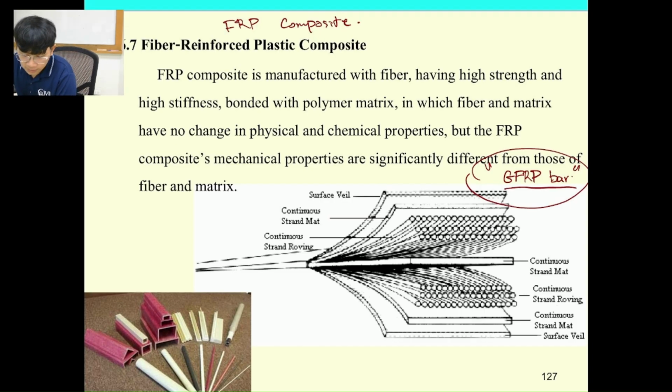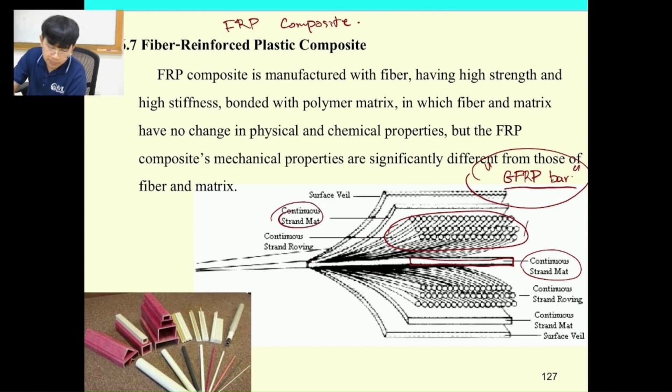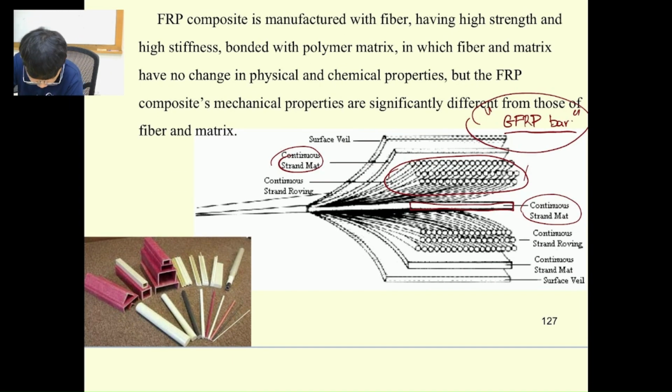So the FRP composite is going to have what we call a continuous strand mat, which is the material in the middle, and then we add the fibers on top and bottom, and then we put another strand mat on top over here. It's similar to reinforced concrete.